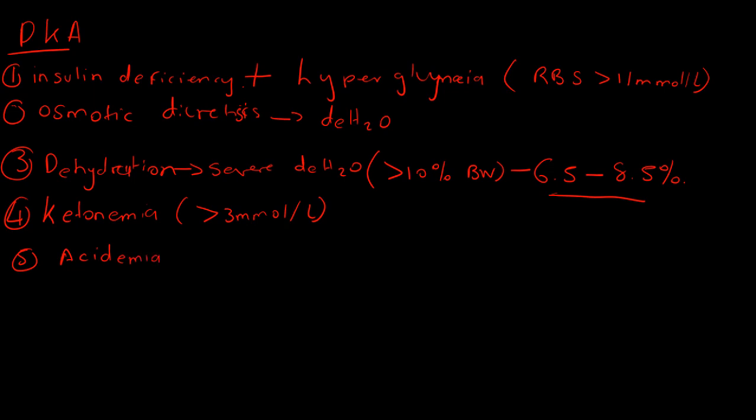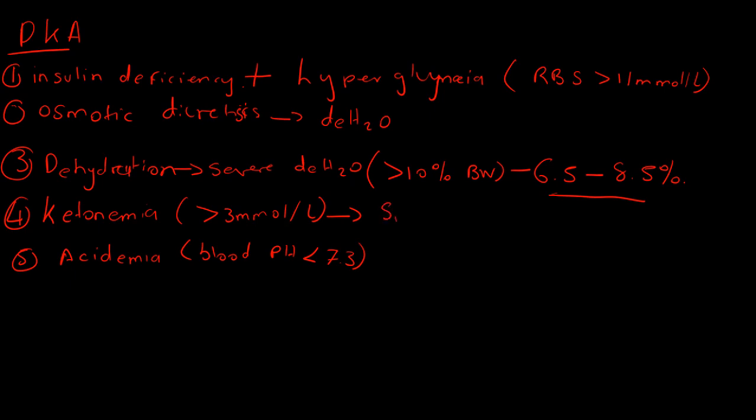So remember that with acidemia, your blood pH is going to be less than 7.3. Remember that the normal pH is 7.35 to 7.45. But in patients that have DKA, the pH is going to be acidotic. And then eventually this ketonemia is going to be leading to these ketones being excreted in urine.